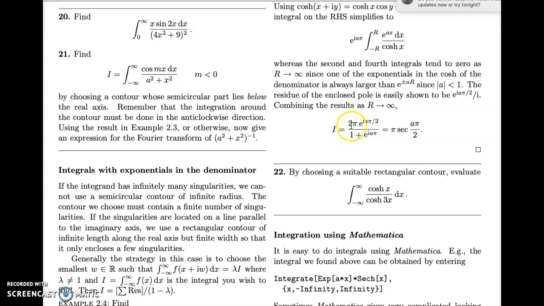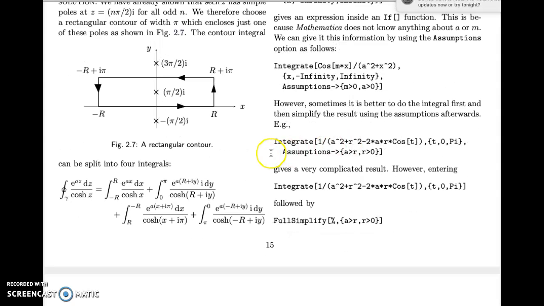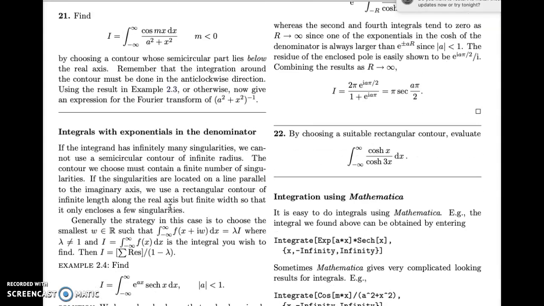And then where the thing on the bottom comes from: the 2 pi i cancels this i. The thing on the bottom is basically coming from 1 times the integral we want plus e to the i a pi times the integral we want, which appears here.